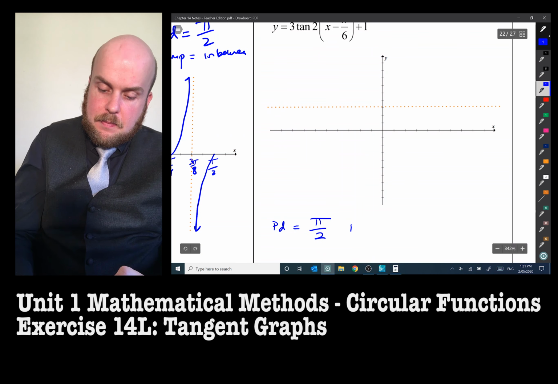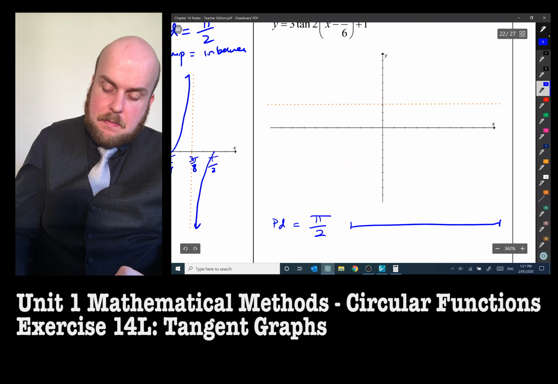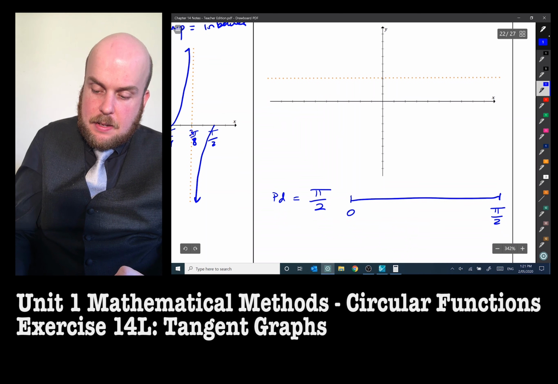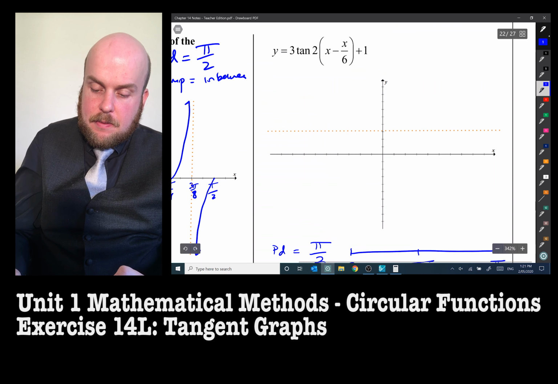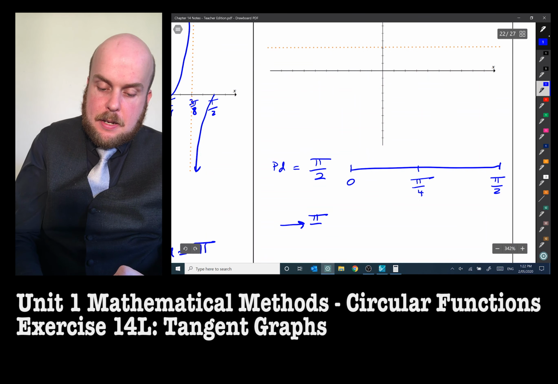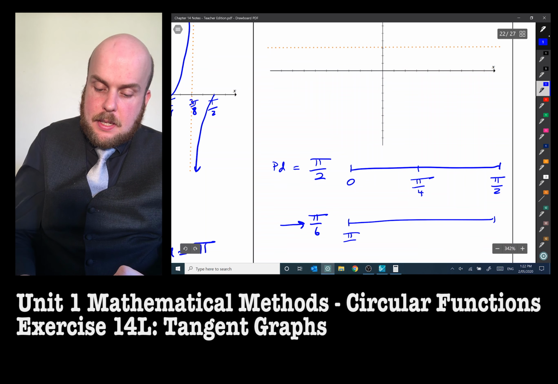So again, I'm just going to put a little thing here. So 0, pi on 2, that's where our x-intercepts would have been. There would have been an asymptote in between at pi on 4. But of course we've moved to the right by pi on 6, haven't we? So this now becomes pi on 6.